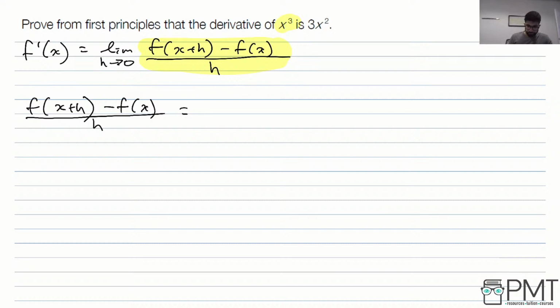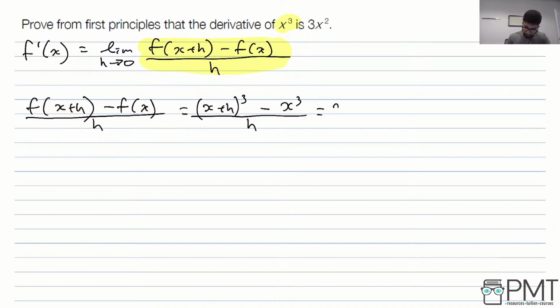So you will put x plus h into wherever there is an x, so that becomes x plus h cubed. You take away an x cubed and we divide by h. This is where you need binomial expansion.